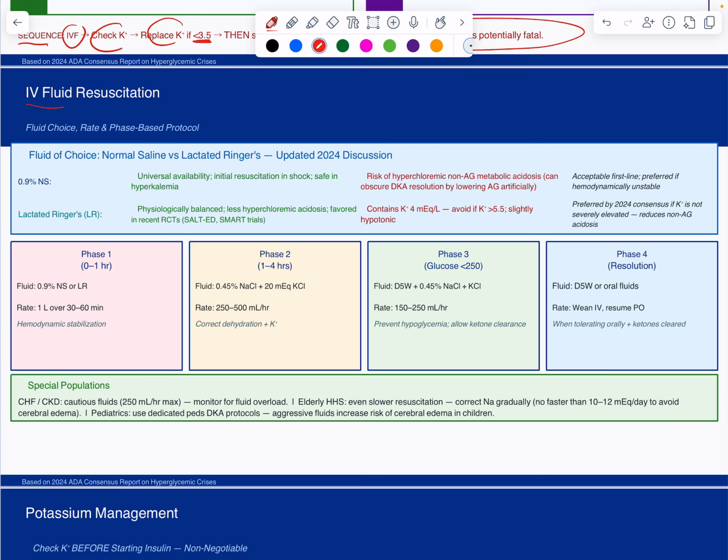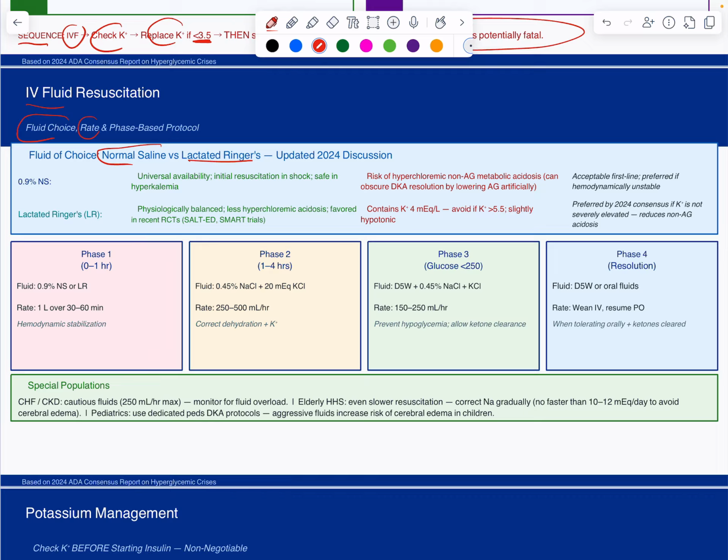So I want to know which fluid to choose, how much exactly to give, and what modifications we can make to the IV fluid according to the potassium and the glucose. So the fluid of choice: is it normal saline or lactated Ringer's?